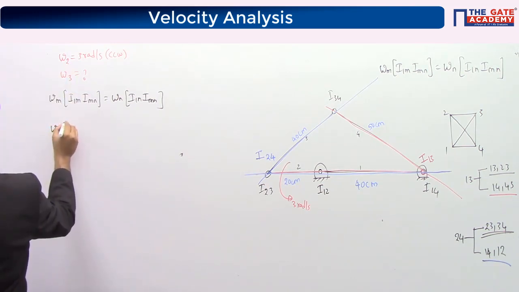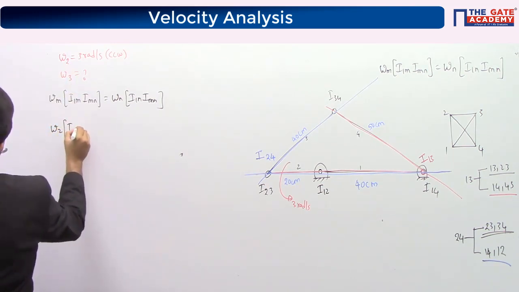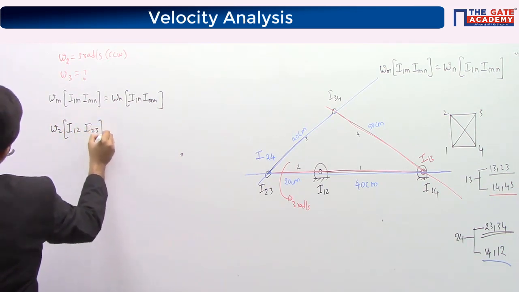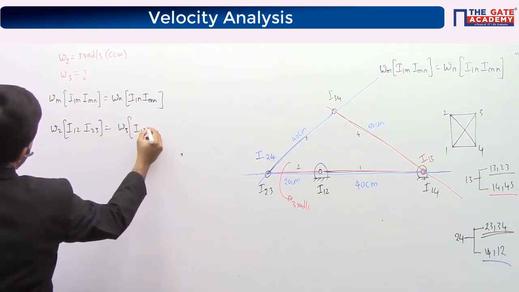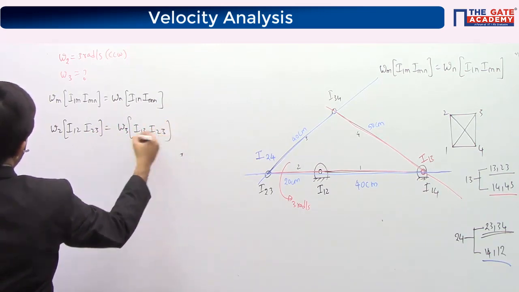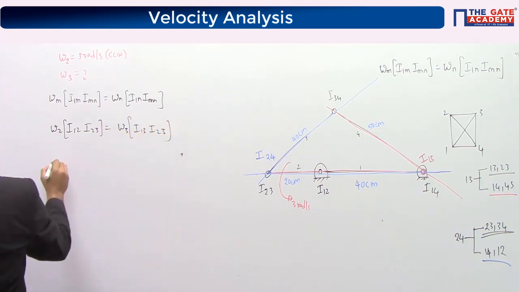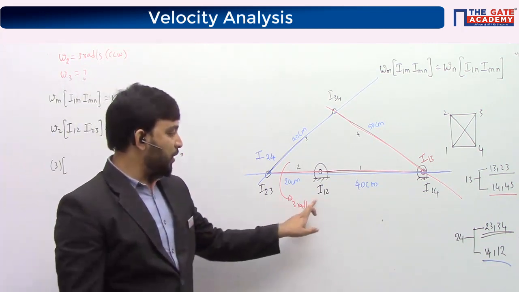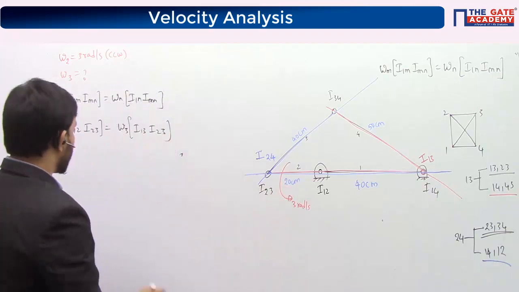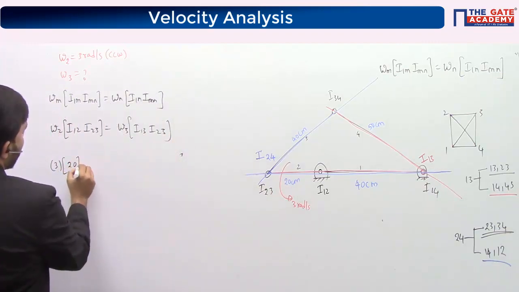So this is omega 2, distance between I12 and I23, same as omega 3, distance between I13 and the common I center I23. Omega 2 is already known, so this is 3 radian per second. Now what is the distance between I12 and I23? So this is I12, I23 is this. The distance between these two I centers is 20 centimeter.